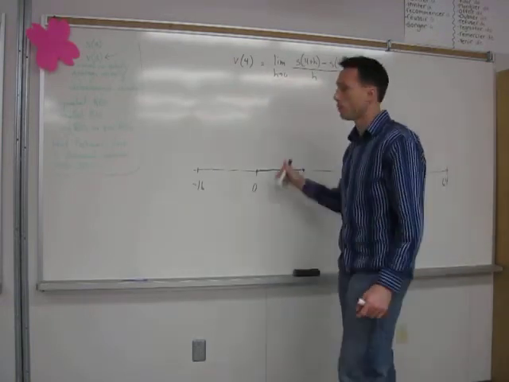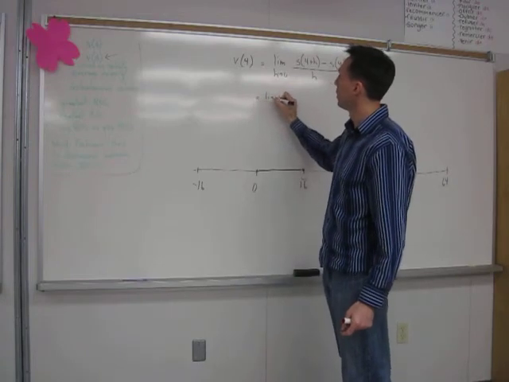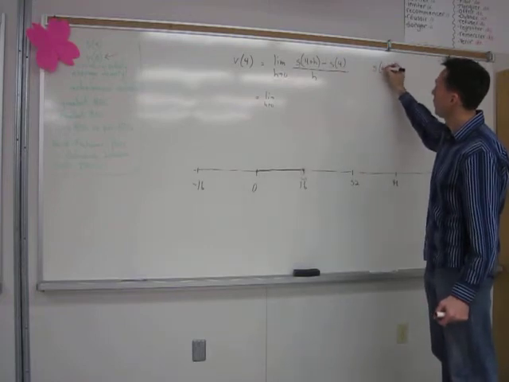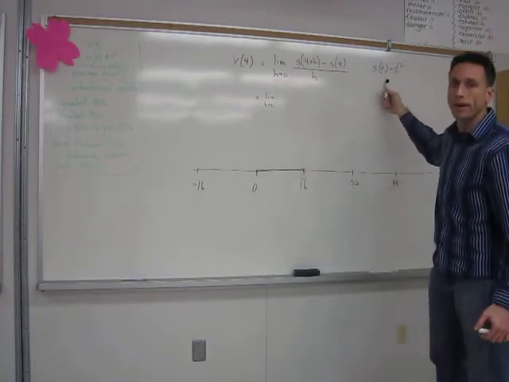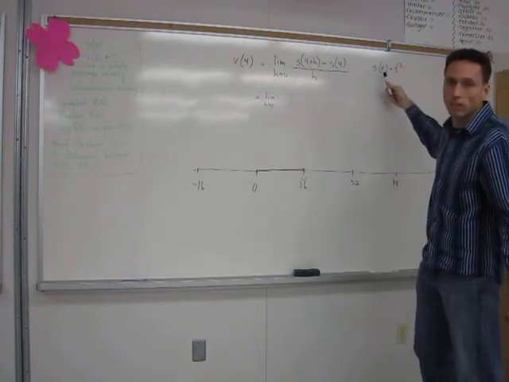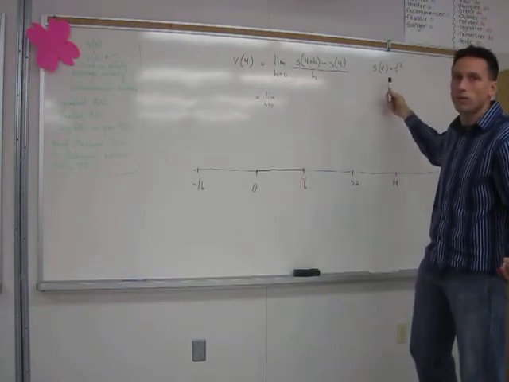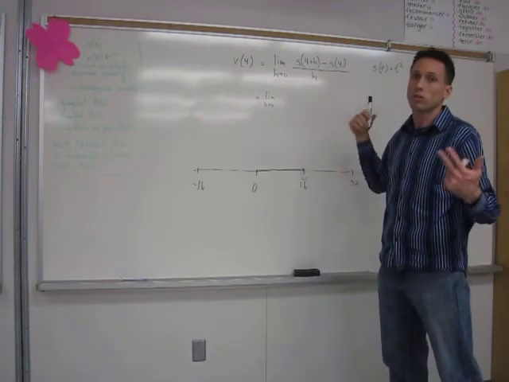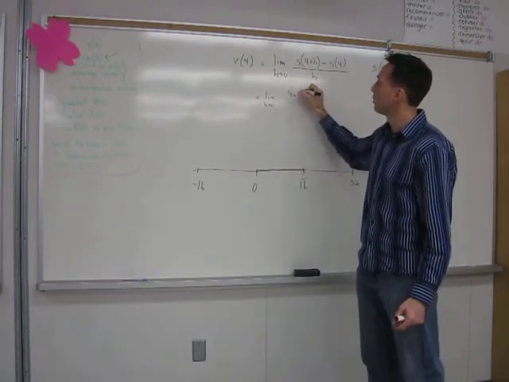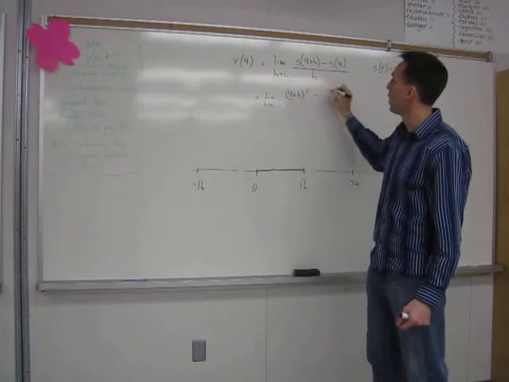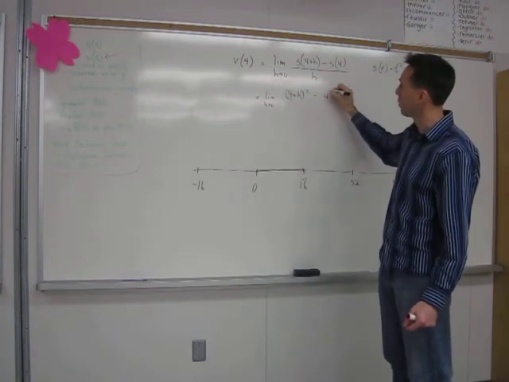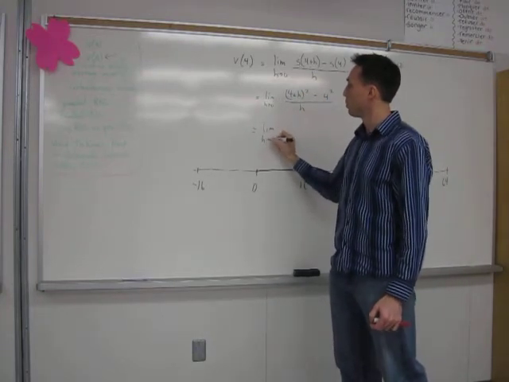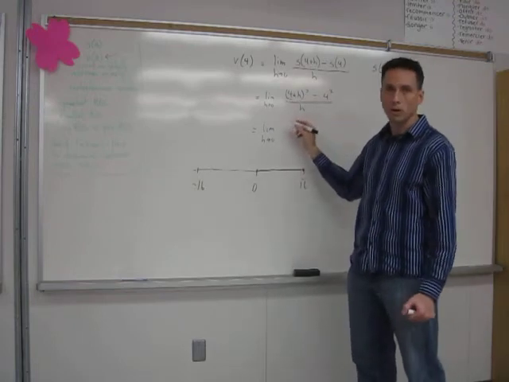And let's just go through this very quickly. This is equal to the limit as h approaches 0 of, we know that s of t equals t squared, so s of p is p squared, s of happy face is happy face squared, and s of 4 plus h is 4 plus h squared. So 4 plus h squared minus s of 4, which is 4 squared, all over h, equals the limit as h approaches 0. Now I'm going to go through this a little bit quicker than you might like.